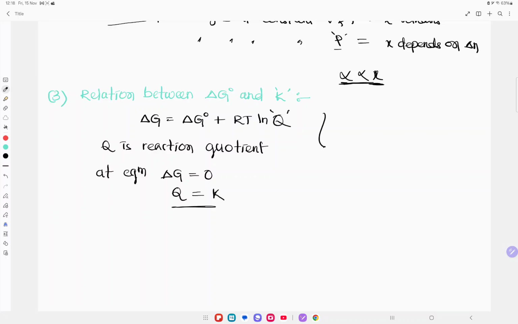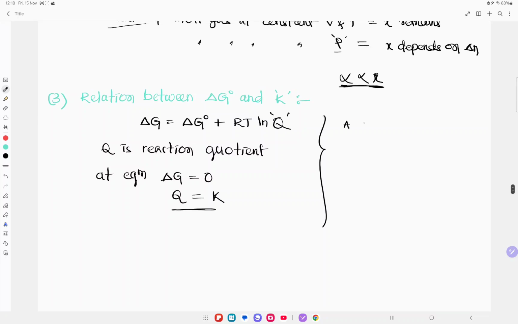So, a small concept: it would have been better to explain Q earlier, but see it here. Consider an equilibrium reaction A plus B gives rise to C plus D. Consider it is just a reversible reaction, not present at equilibrium state.